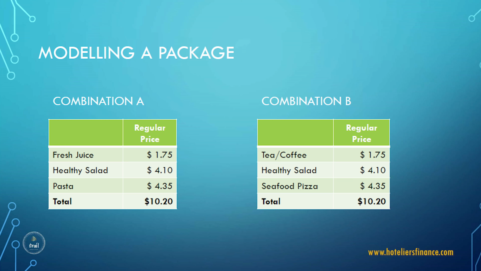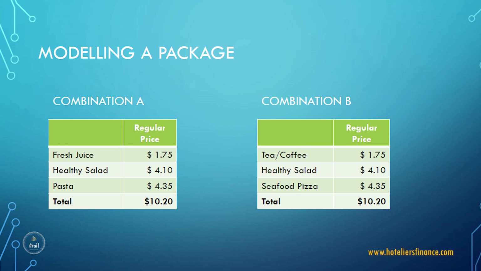Let's model a package in combination A and combination B. In combination A, we'll keep fresh juice, healthy salad and pasta, and the price for the juice is $1.75, healthy salad $4.1, and pasta is $4.35.